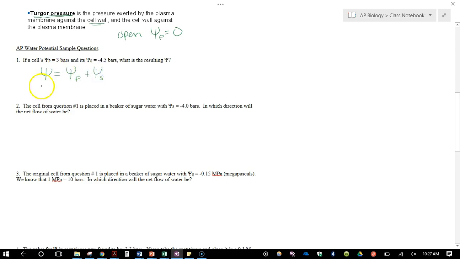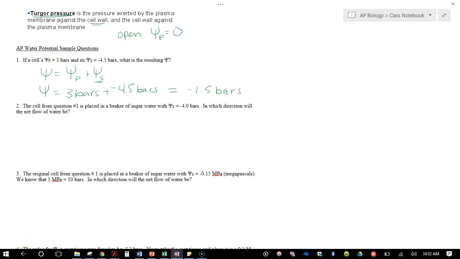So your water potential here is going to equal 3 bars plus negative 4.5 bars, and that is going to equal negative 1.5 bars. So that is the resulting water potential. Typically, your water potentials are going to be on the negative side, usually because of the solute potential. And solute potential is always going to be negative, or 0 if it's pure water.